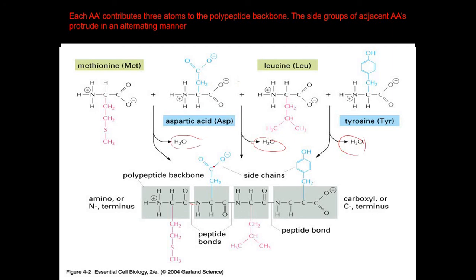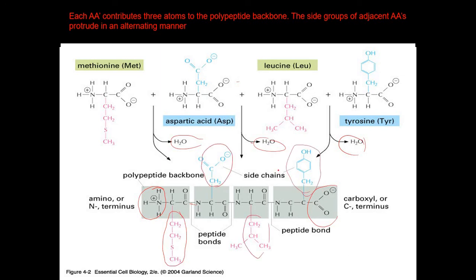So and then when you write these amino acids, they are written from the N terminus. Remember, the N terminus of the first amino acid and the C terminus of the last amino acid. And then the amino acid R groups, so the side groups, will protrude in an alternating manner. So if you notice, R group, R group, R group.